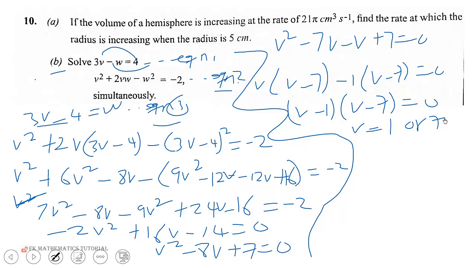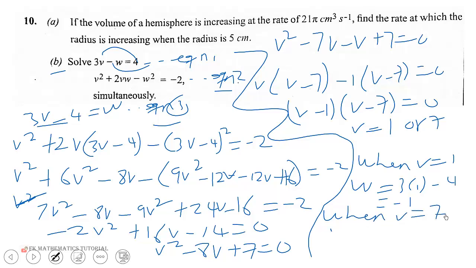Now when v is equal to 1, then we have w equal to 3 times 1 minus 4, which is -1. Then when v equals 7, w will be equal to 3 times 7 minus 4, which will be 21 minus 4, and that will give us 17.